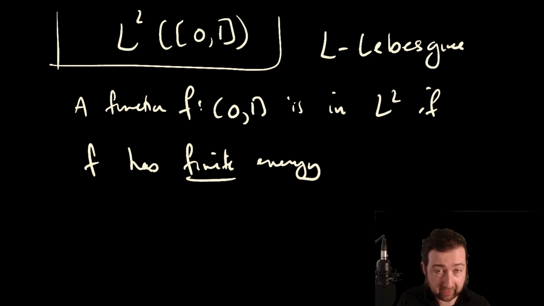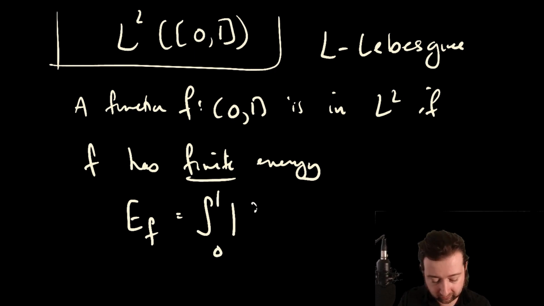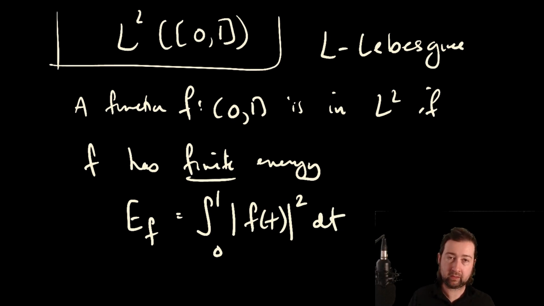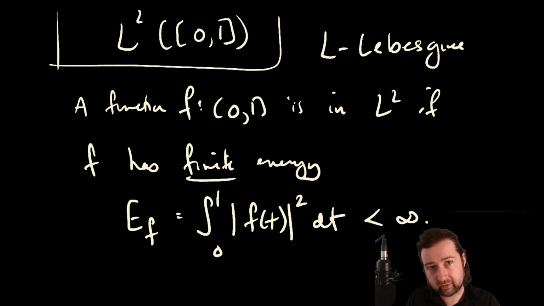So we define the energy of a signal, or the energy of f, as the integral from 0 to 1 of the absolute value of f of t squared dt. And to say that a signal has finite energy means that this integral is finite. Now you could also use the absolute value instead of the absolute value squared, but then you lose the connection to physical energy the way that a physicist thinks about it.